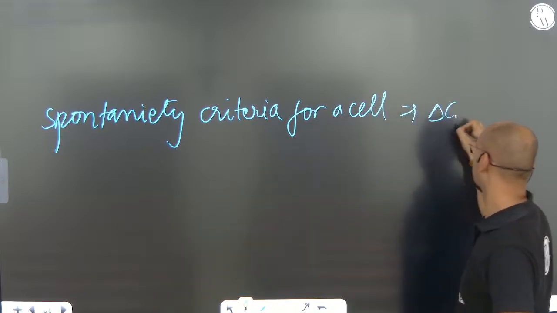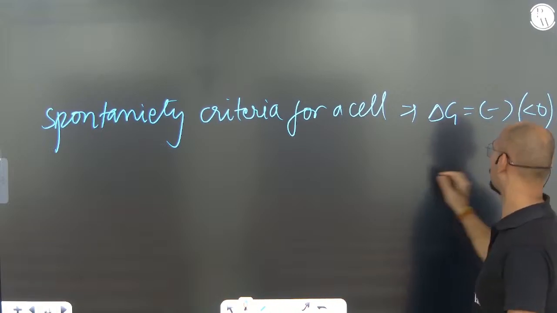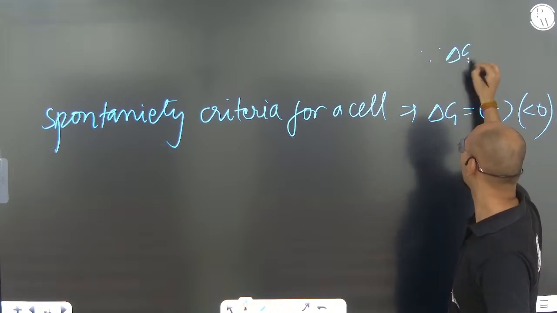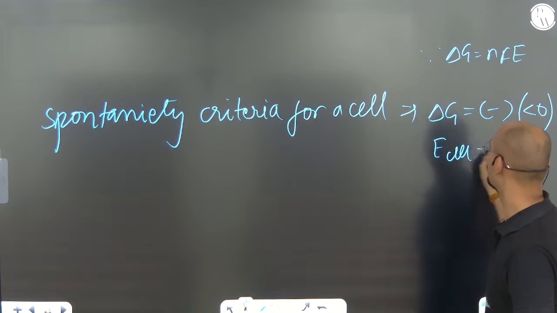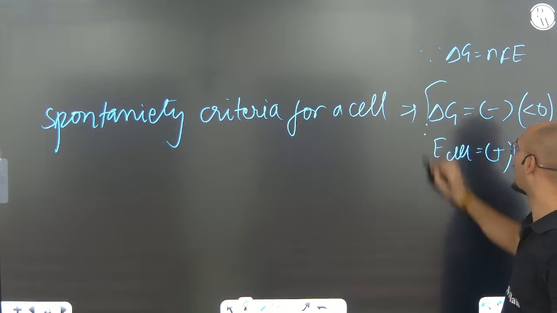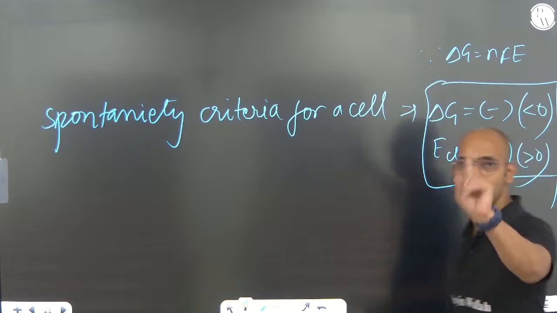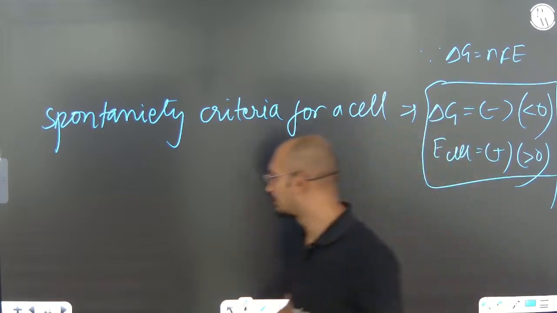Everyone knows that delta G should be negative, or less than 0, and because delta G equals minus nFE, E cell should be positive, or more than 0, as a rule. I'm not writing about delta G naught or E naught, I'm writing delta G and E, please keep that in mind.